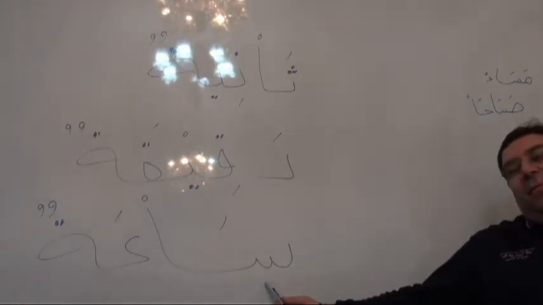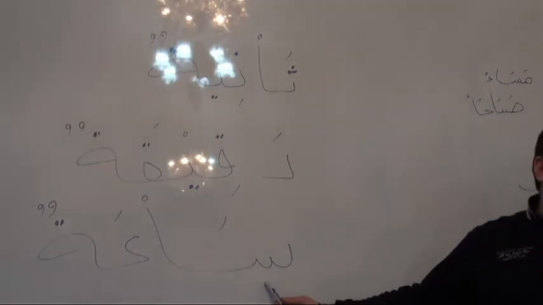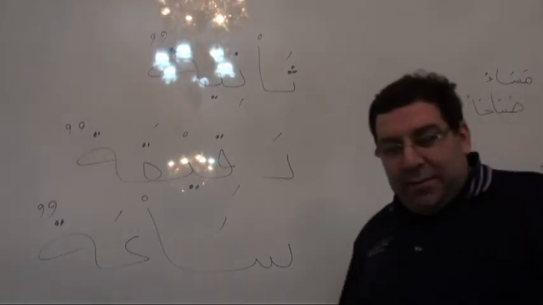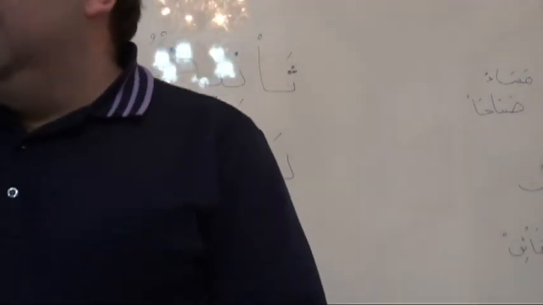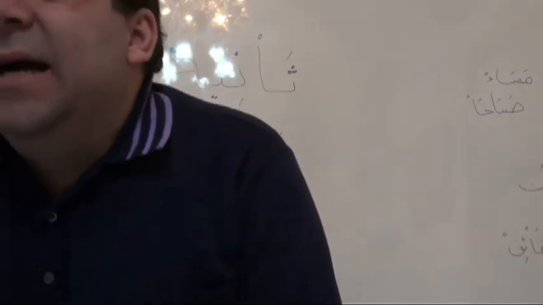Sa'atun. And sa'a means hour and time and o'clock. Okay? Clear? Now we come to the sentence and we start from Aisha, Saeed, then Francesca.